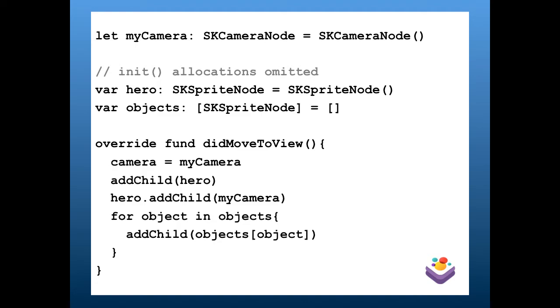I make a hero, whatever my character is. I make some objects, an array of objects. When I move to the view, SKScene has a built-in variable called camera. We just say, hey, camera, you're now my camera, which we made up above. And add the hero into the game and attach my camera to the hero. So that's it. Now I've got a first-person shooter. I'm done. And then add your objects. Cool. That's how easy it is.